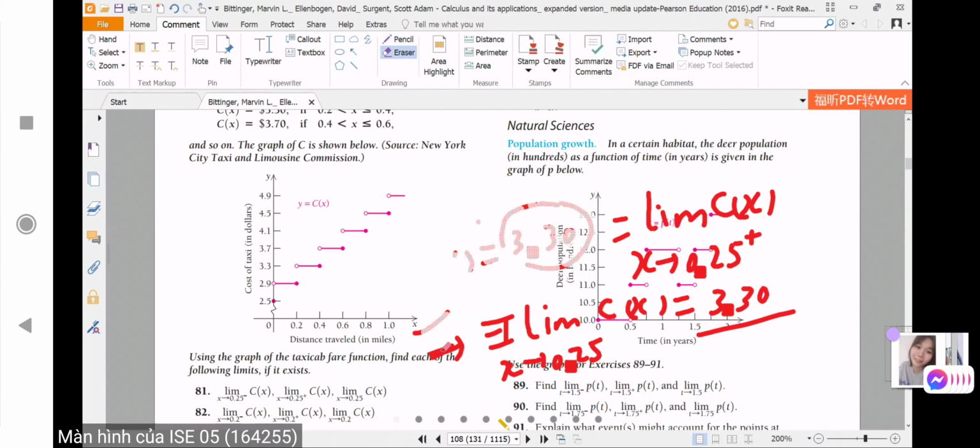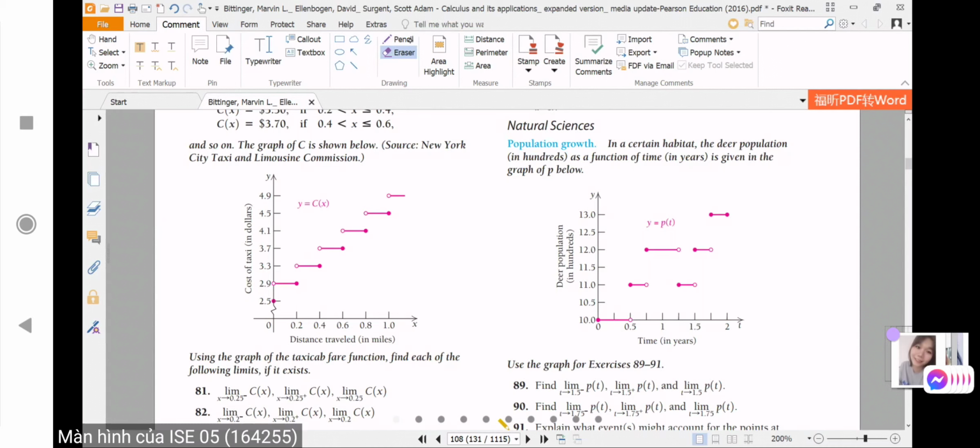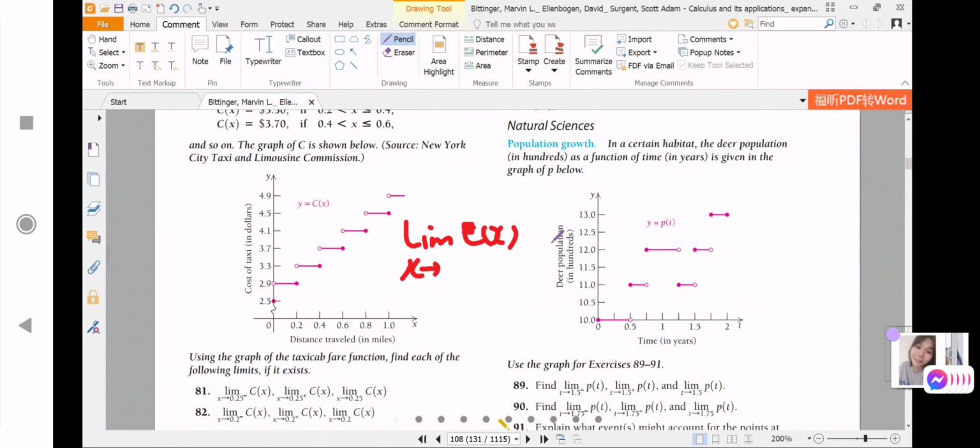So what do we apply? In this case, we have the limit of f(x) when x tends to 0.2 minus equals 2.9.